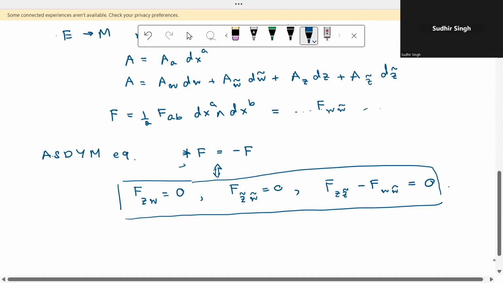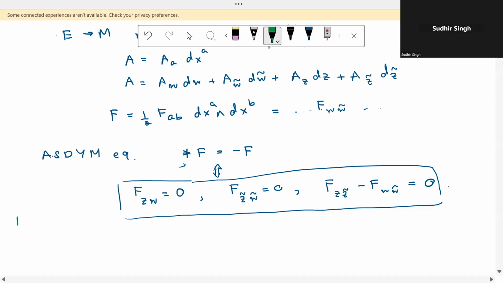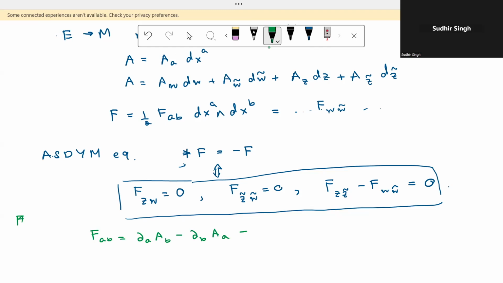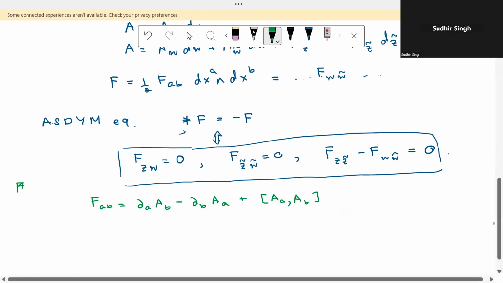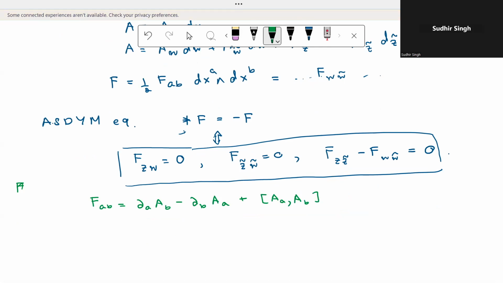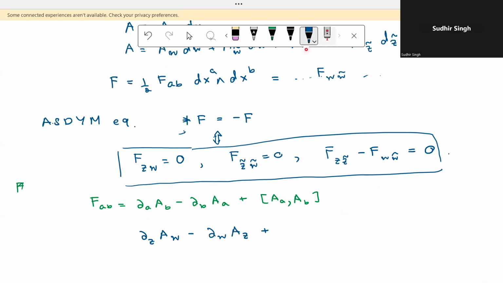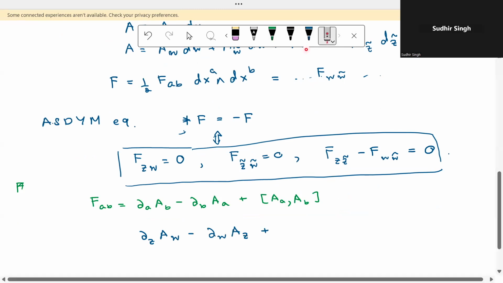And if we write it out, if we use that F_AB is given in terms of the components of the connection one-form by this, we will have that the anti-self-dual Yang-Mills equation is a system of 3 equations here. Let me just write it out, and I think this is the end for today. I'm just writing this equation, so it's just this one.